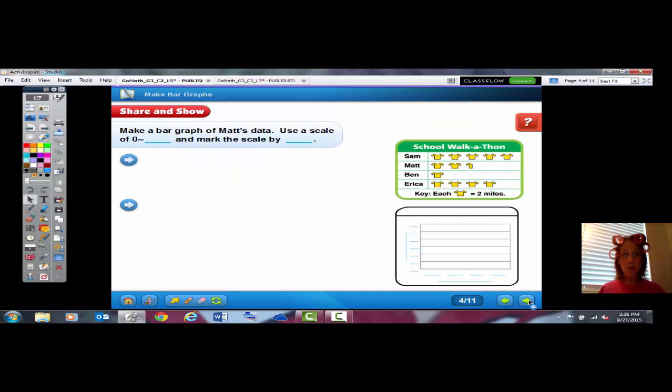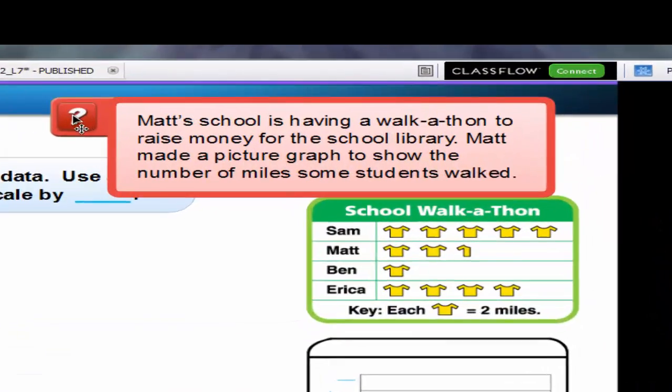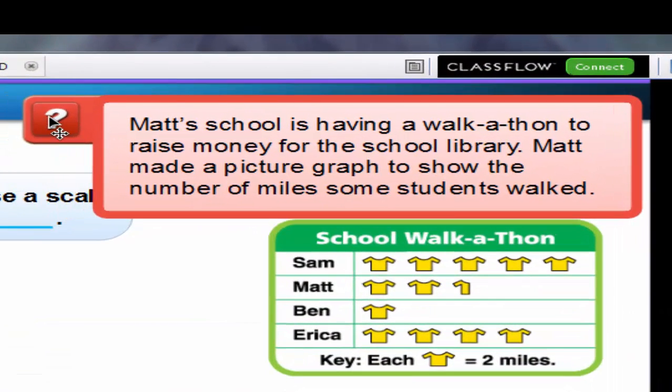Now let's look at another problem. It says make a bar graph of Matt's data. Let's find out who Matt is and what his data represents. It says that Matt's school is having a walkathon to raise money for the school library. Matt made a picture graph to show the number of miles some students walked.